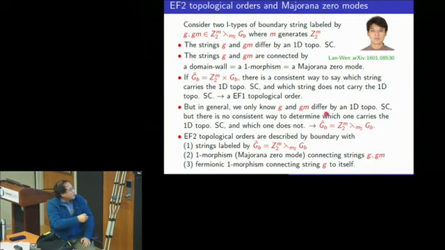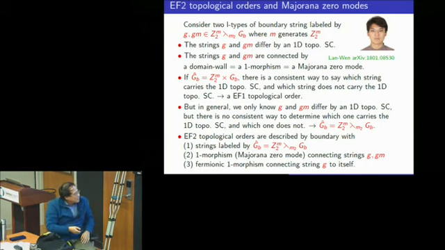This new kind of boundary theory has strings labeled by this Z2 times GB, and also has a fermion. But it has one more thing. Two strings that differ by this Z2 have a domain wall. This domain wall happens to be the boundary of a P-wave superconductor, which is a Majorana zero mode. So there is one morphism that behaves like a Majorana zero mode, and that's all.